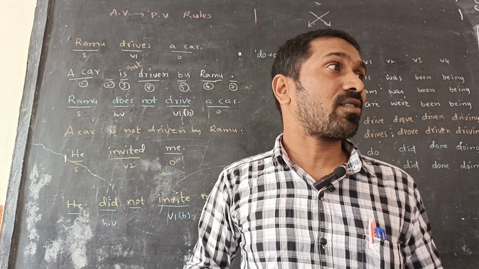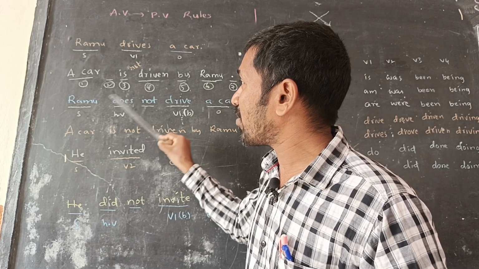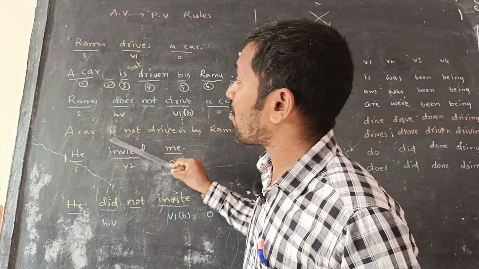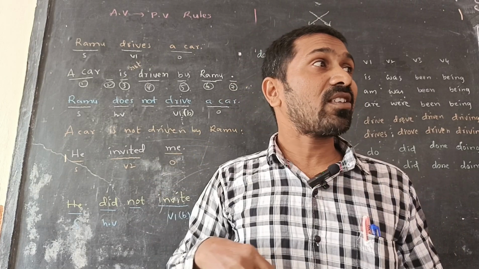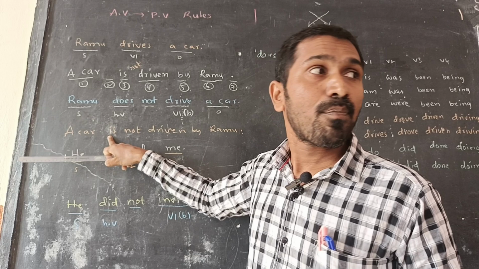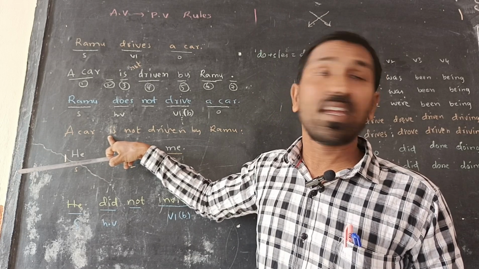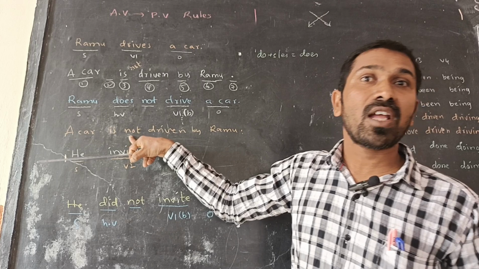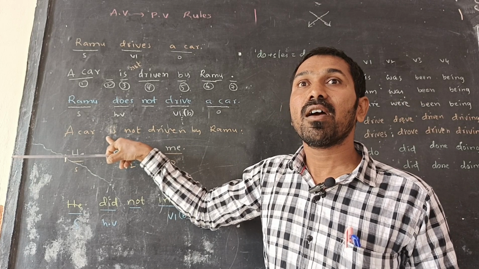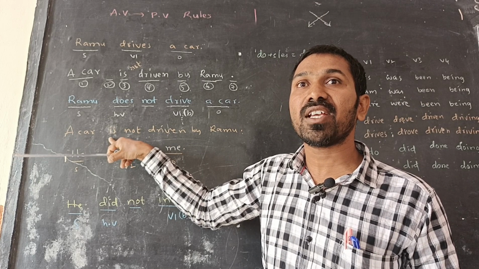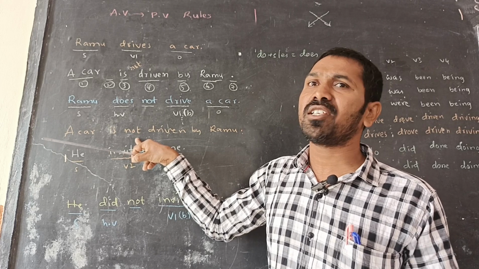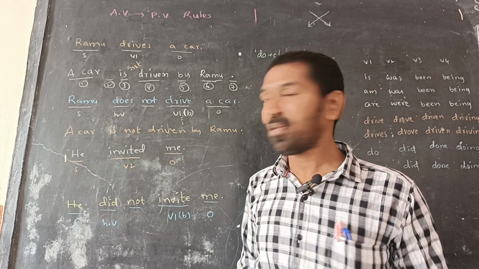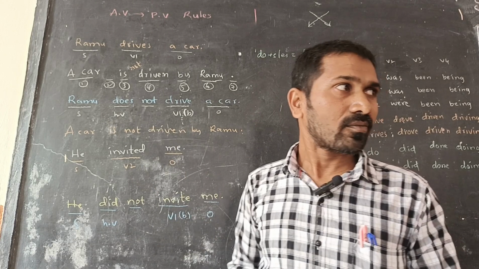We need not do forms. That means we can drop this do forms. Because we are going to get a helping verb in passive voice, we will not be worried about helping verbs, and you can add not easily. No need of worrying about one more be forms helping verb or do forms helping verb.